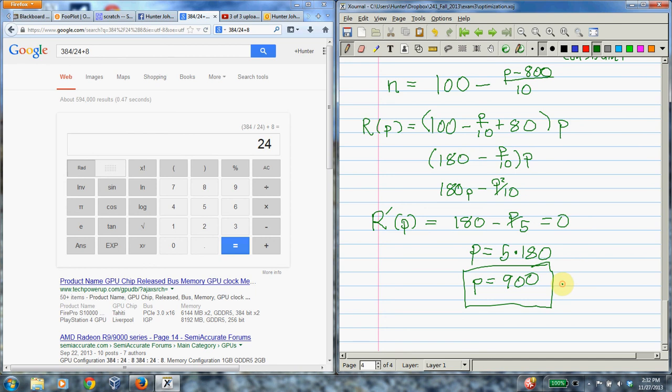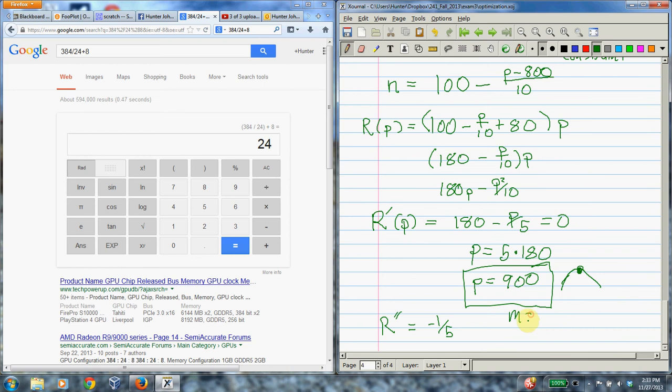We should really make sure that this is a maximum, which means the function is concave down there. In this case, the second derivative is pretty easy to find. The second derivative is actually just minus 1/5, right? R prime prime is just minus 1/5. And so when the second derivative is negative, that means concave down, and critical point plus concave down means max.